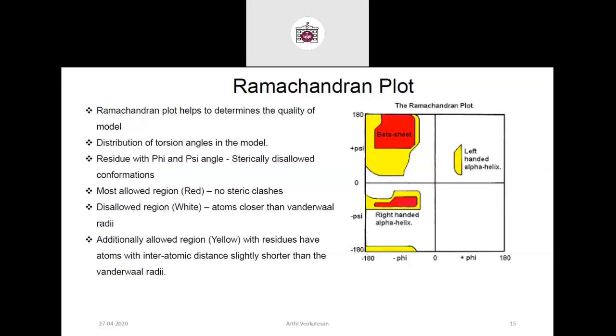When you have a complete structure, the Ramachandran plot is used to check whether all the residues in the model are correctly rotated and whether they are in the allowed or disallowed region. That's why we always go for the Ramachandran plot to validate the structure. This is one of the reasons we kept this as a logo in the school as well. This is the heart of structural biology.